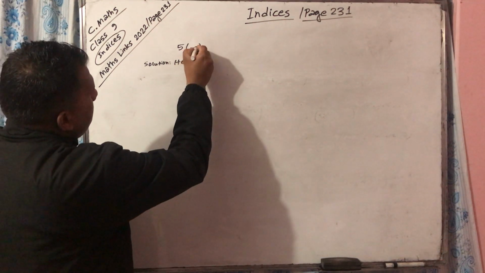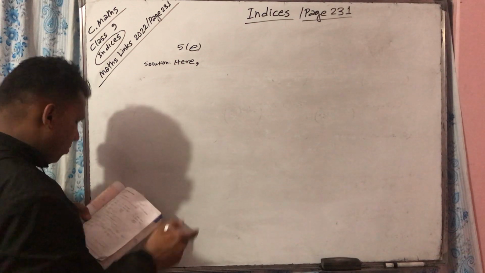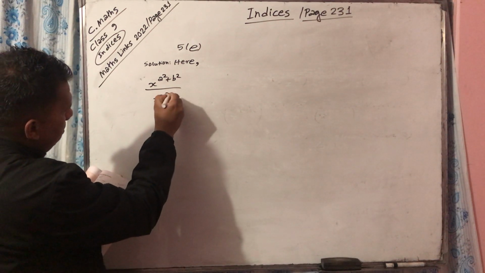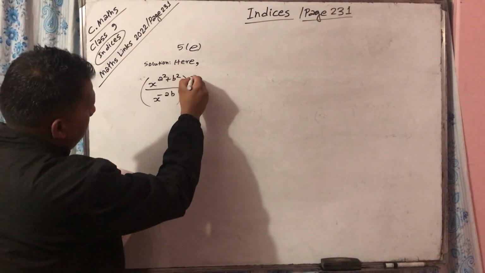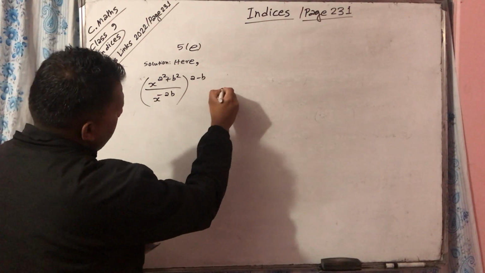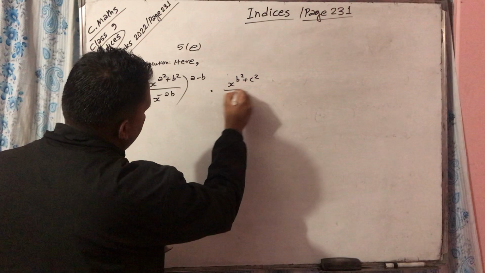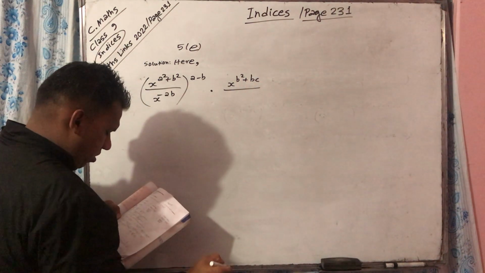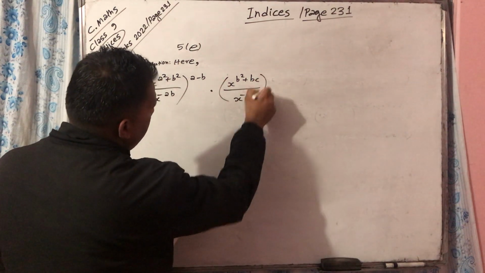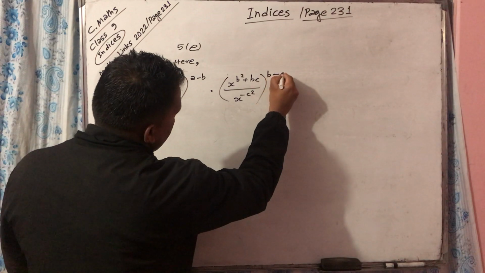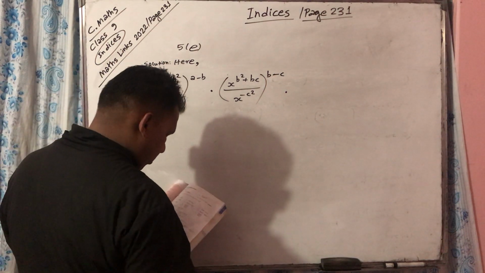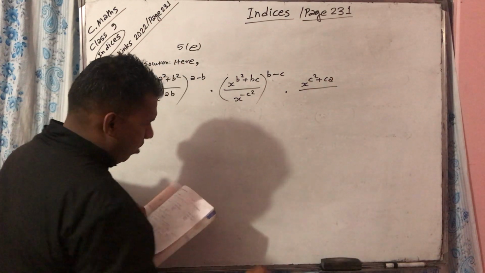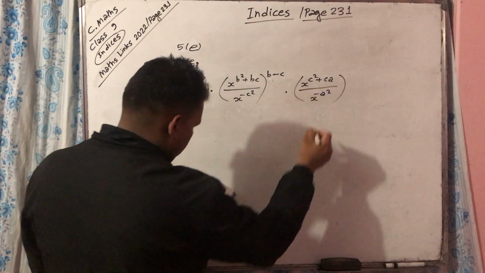We have x to the power (a square plus b square) upon x to the power minus ab, its whole power is a minus b, multiplied with x to the power (b square plus c square) upon x to the power minus bc, its whole power is b minus c, multiplied with x to the power (c square plus a square) upon x to the power minus ca, its whole power is c minus a.